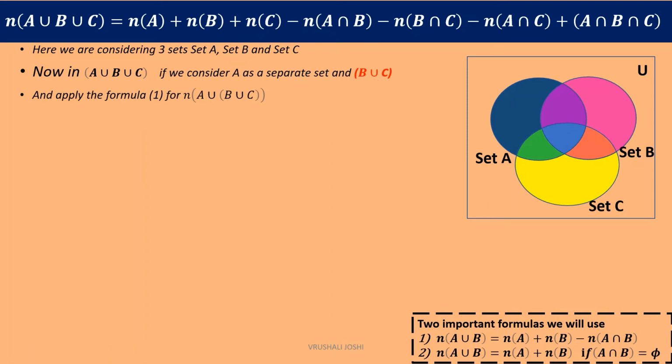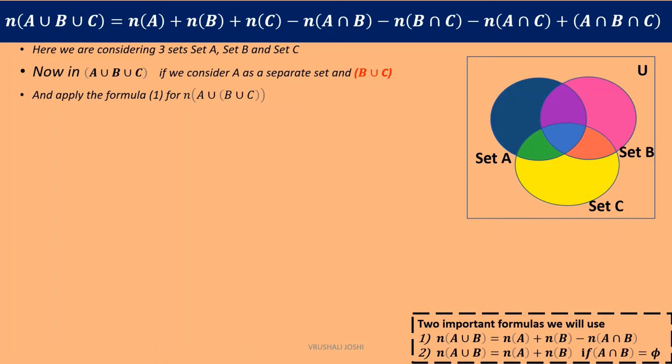Okay, look at the first formula. What is the first formula here in the box below, the black one? n of A union B is equal to n of A plus n of B minus n of A intersection B. That formula we are going to apply considering B union C as a separate, single item.